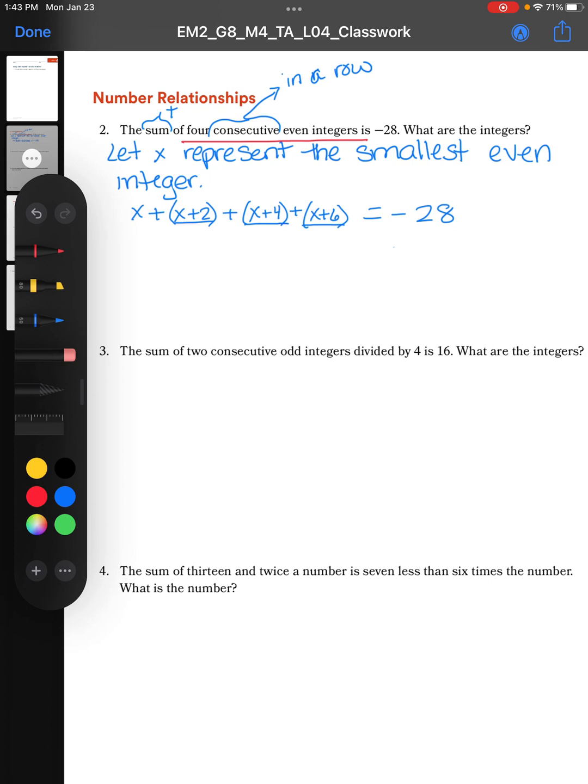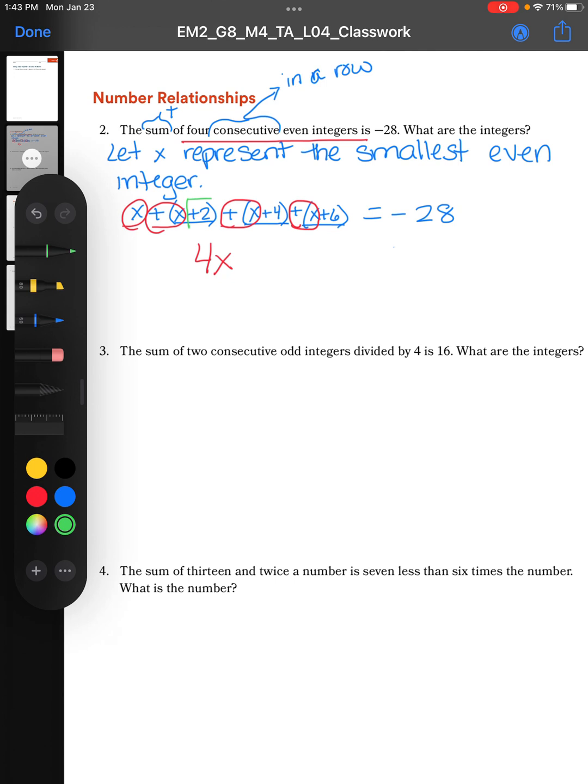I added all of these parentheses, which might make this look very confusing. I don't need them since I'm just adding everything together. So I'm going to start by combining like terms. I have an x plus an x plus an x plus an x, which is going to give me 4x.